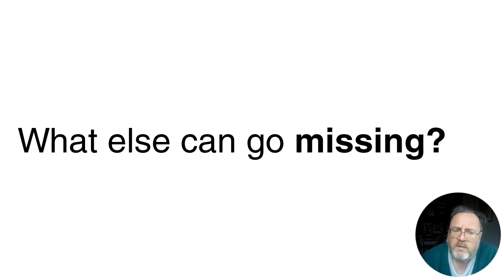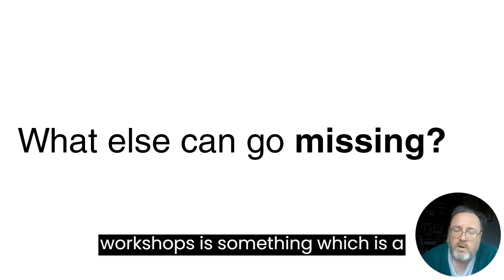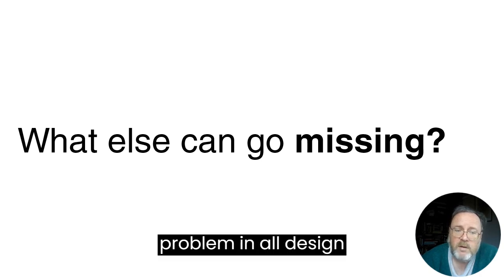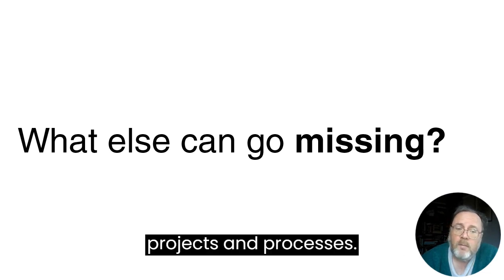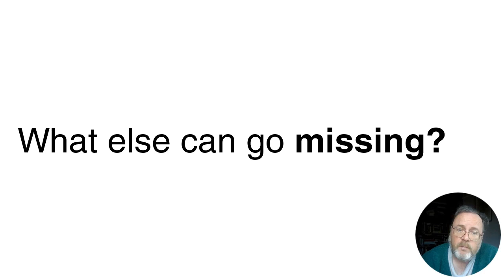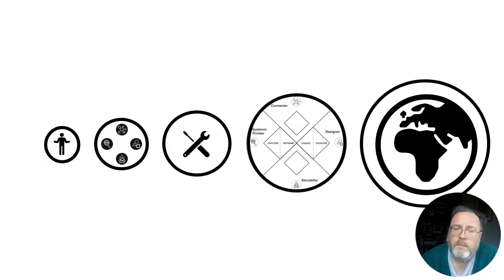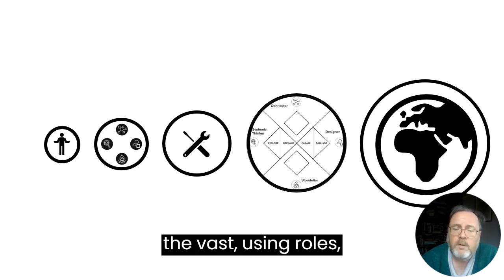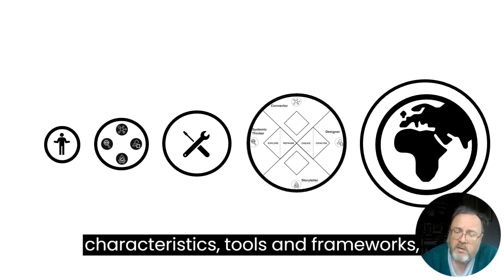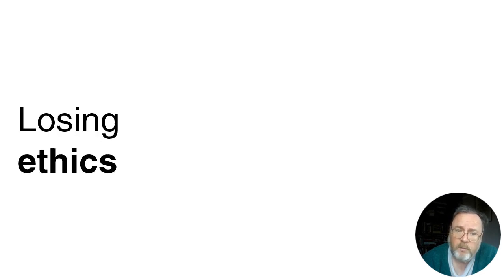What else can go missing? What came up in the prototype workshops is something which is a problem in all design thinking projects and processes. Even when you have this clarity of ideas moving from the small to the vast, using roles, characteristics, tools, and frameworks, something can go wrong.